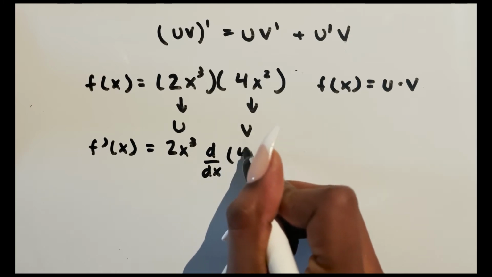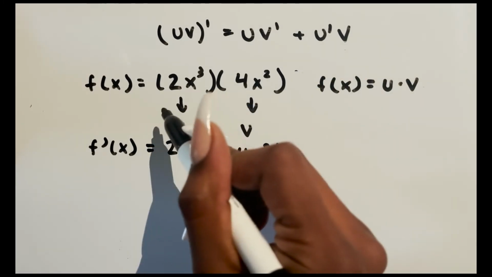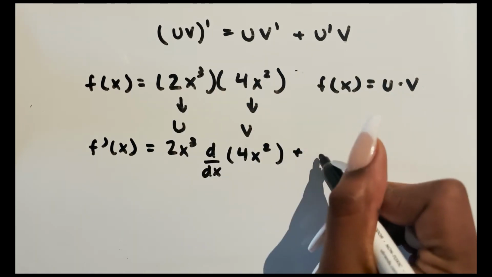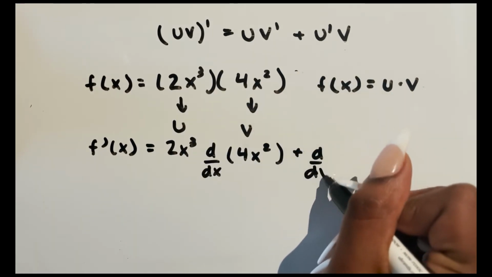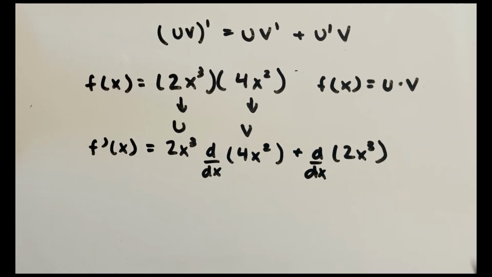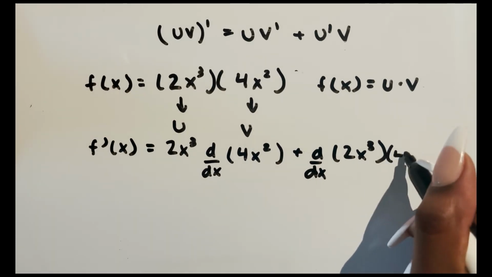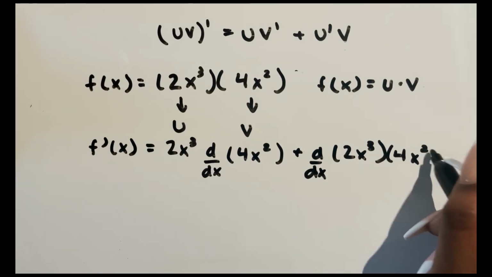dx 4x squared, plus the derivative of u, dx 2x cubed, times v, 4x squared.